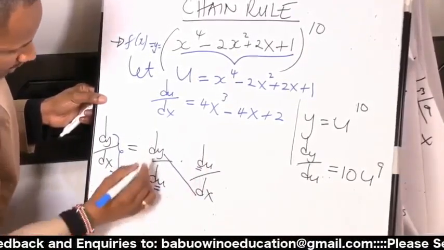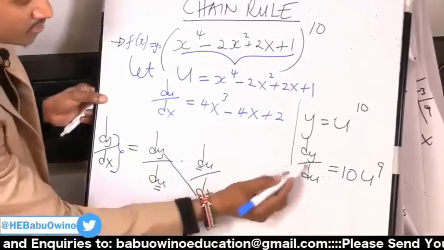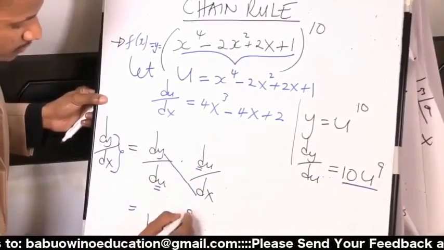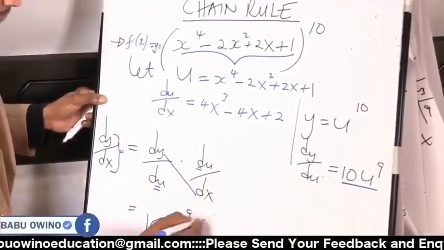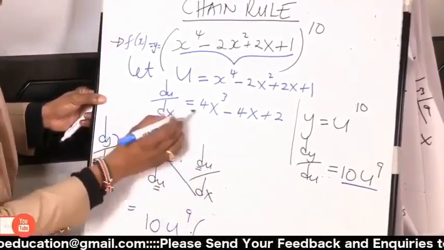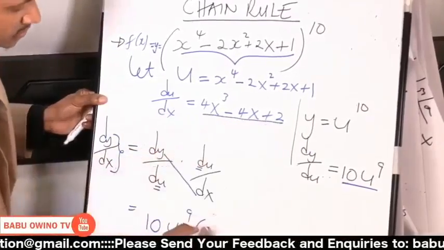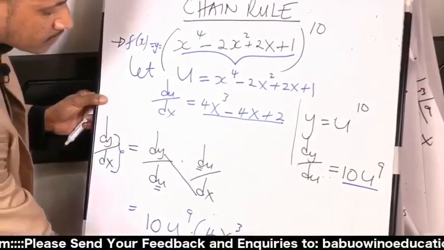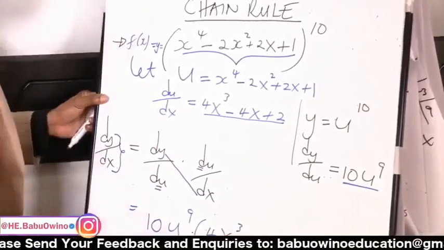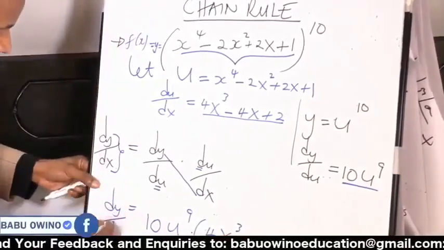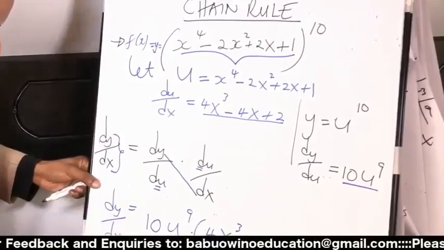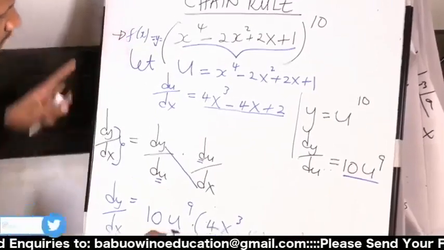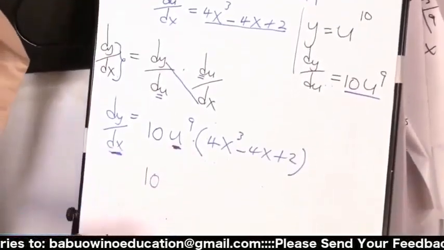So what is our dy du? Our dy du is this. Just replace 10u raised to power 9 times du dx. Our du dx is this, 4x cubed minus 4x plus 2. But we want our answer in terms of x. So we have u. Initially we said let our u be equal to this.